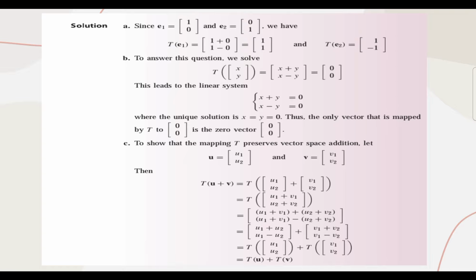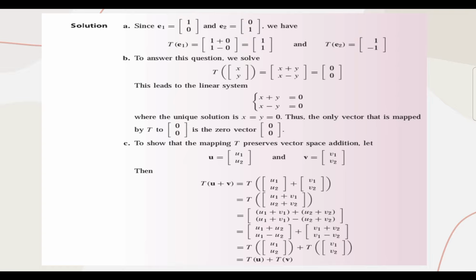So, in letter C, to show that the mapping T preserves vector space addition, let u is equal to (u sub 1, u sub 2), and v is equal to (v sub 1, v sub 2). To be a linear transformation, the mapping must follow two strict rules called additivity and homogeneity.